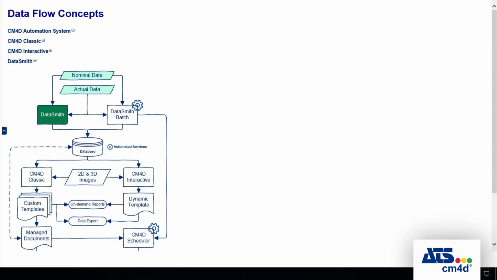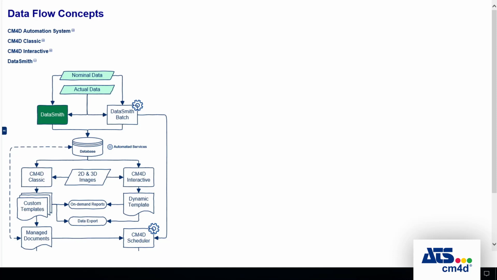Its information will be scanned and loaded into the CM4D database, which will then make it available for creating reports in CM4D Classic, CM4D Interactive, or in the newer versions, it'll also allow for data to be loaded into the results database and be used in applications such as Tableau, Power BI, and other applications that can interface with that new SQL database.